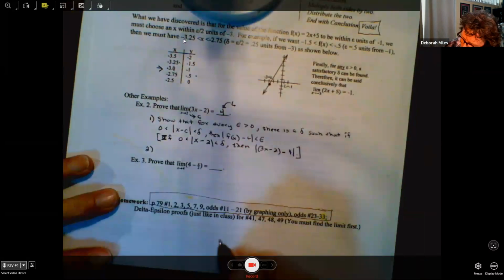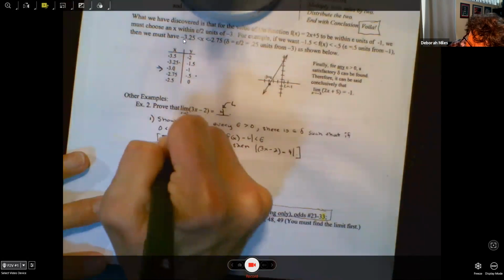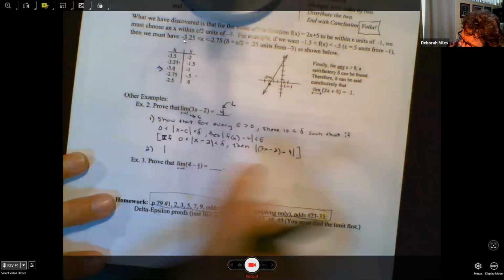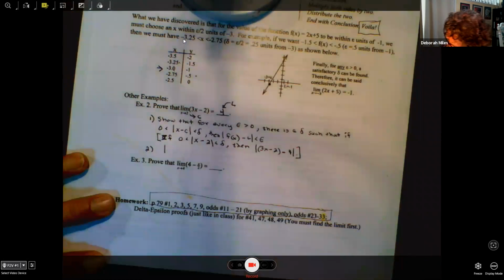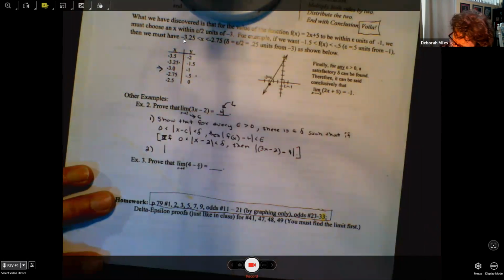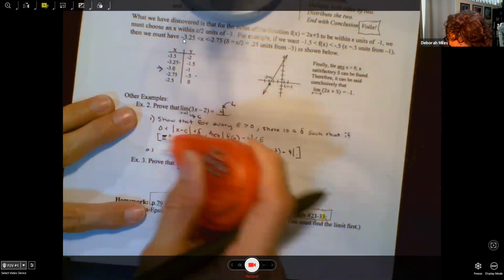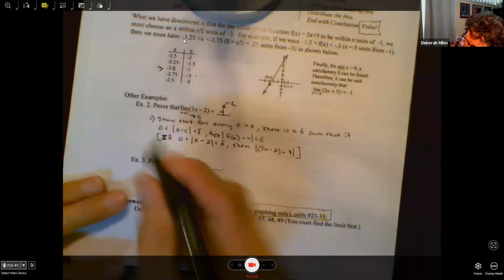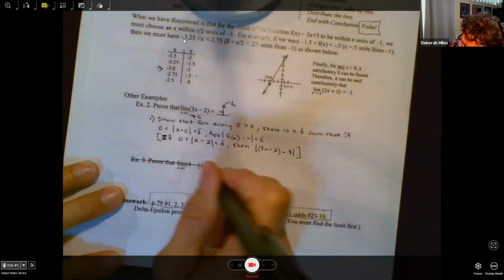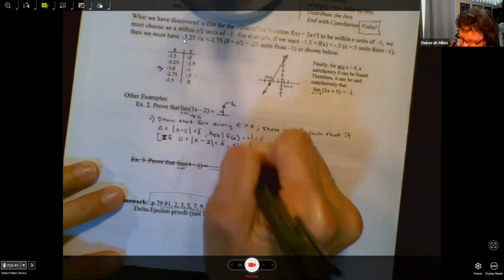So start with absolute value of f of x minus L, and actually, since we're not going to have time to do this one, I'm going to do the rest of these steps here.